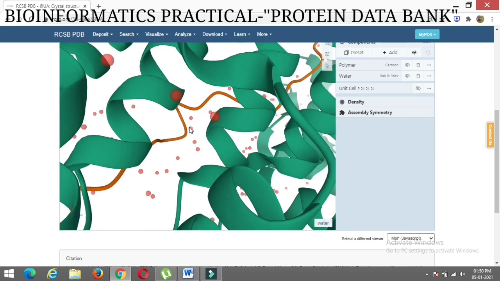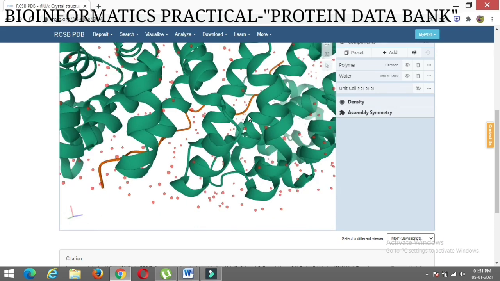Here you can see some pink balls which are scattered over the ribbon-like structure. These pink balls are nothing but water molecules, and these ribbon-like structures are the alpha helix, and these are the peptide form.